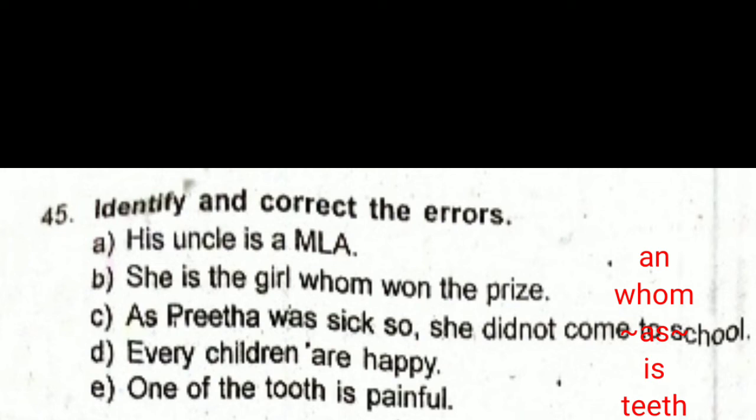So answer is she is the girl who won the prize. C. As Preetha was sick, so she did not come to school. So, as and so in the same line should not come. As Preetha was sick, she did not come to school. D. Every children are happy. So answer is every child is happy. E. One of the tooth is painful. Answer is one of the teeth is painful.